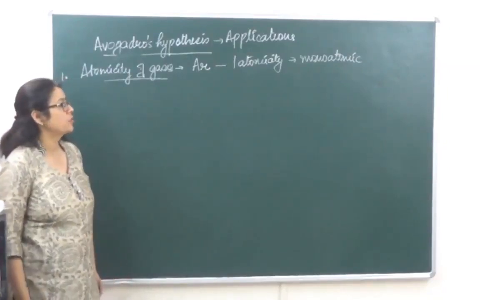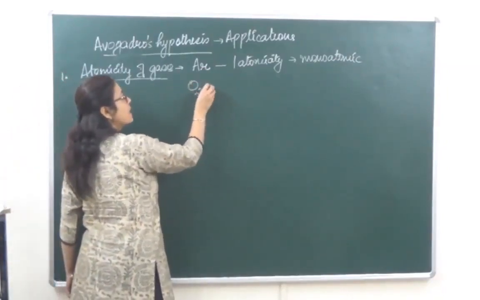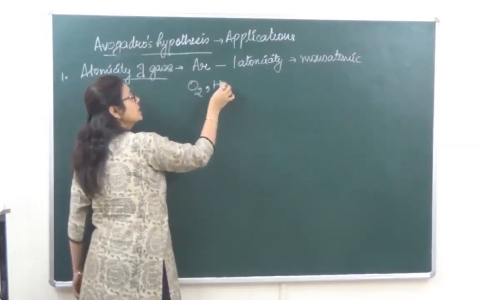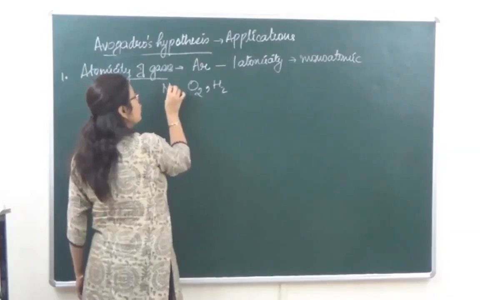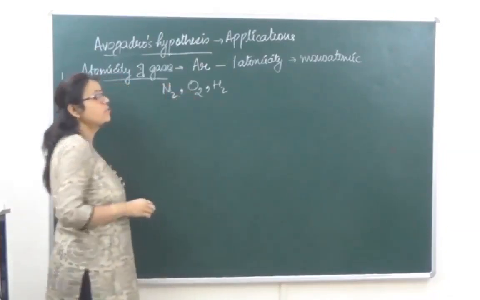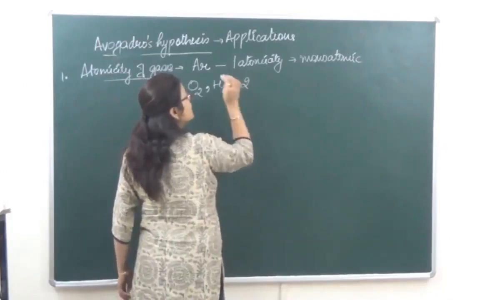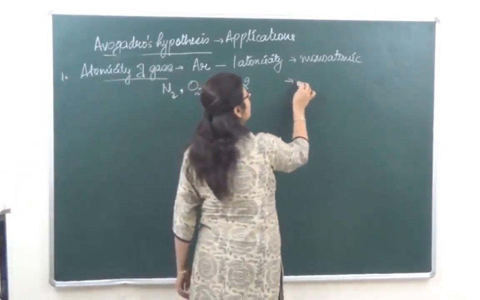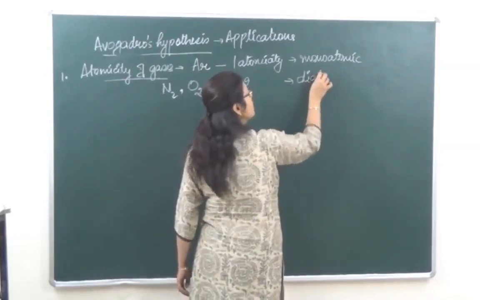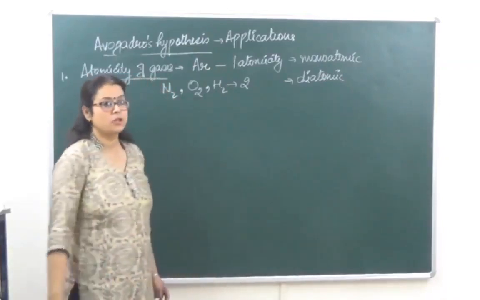Monoatomic in nature. Then we have diatomic gases. For example, hydrogen, oxygen, nitrogen. All these have 2 atoms. Therefore, the atomicity of such gases is going to be 2, and such gases are said to be diatomic in nature.